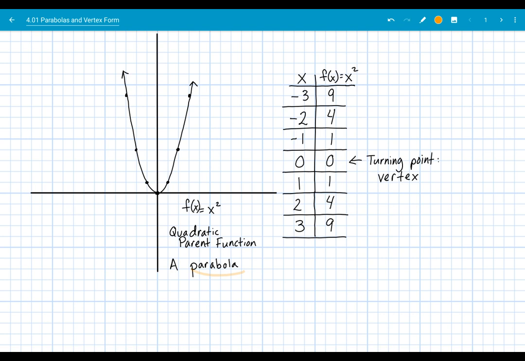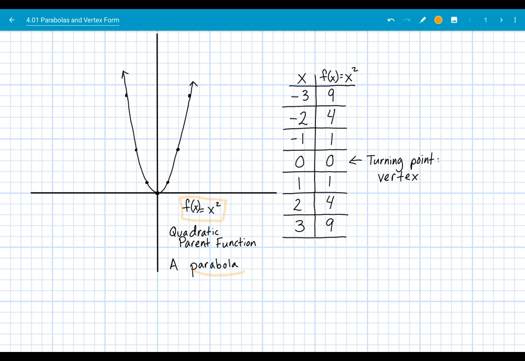Now, parabolas are built off of the parent function, or the original function, f of x is equal to x squared. So basically what we're doing is we're taking the x value and we're squaring it, which has an interesting result because as you think about it, squaring a number increases much faster than just adding to it.